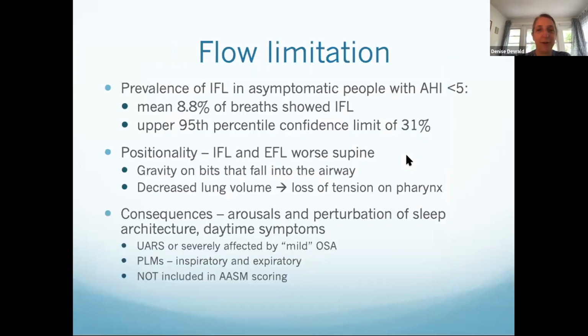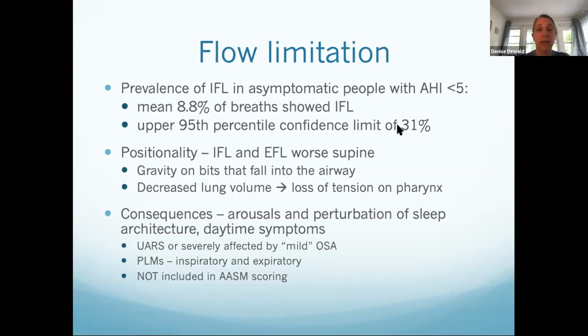All right, so flow limitation. Prevalence of inspiratory flow limitation in asymptomatic people with an AHI less than 5. Asymptomatic means we're not getting the people with upper airway resistance syndrome. They had about 9% of breaths showing inspiratory flow limitation, and the upper 95th percentile was 31%.